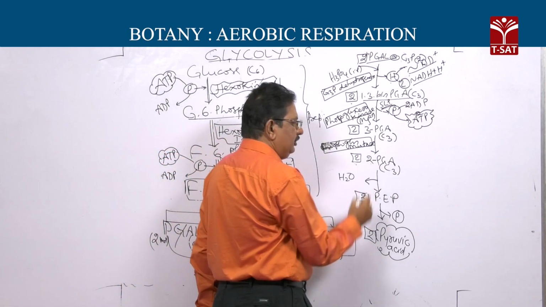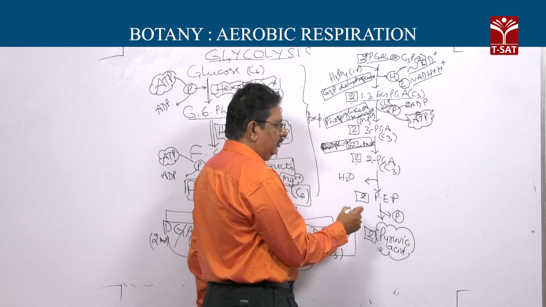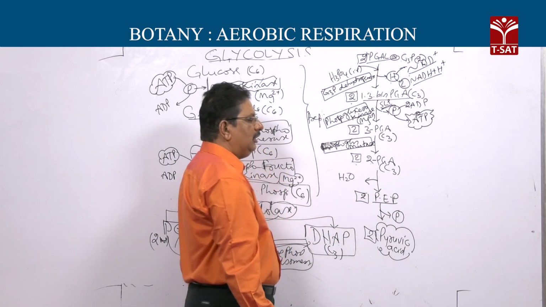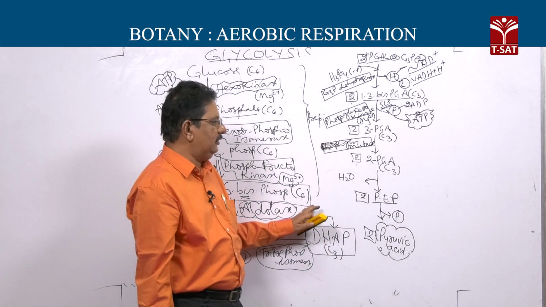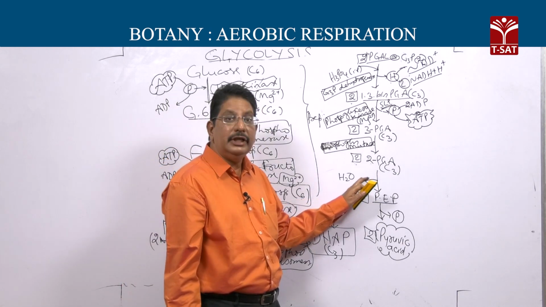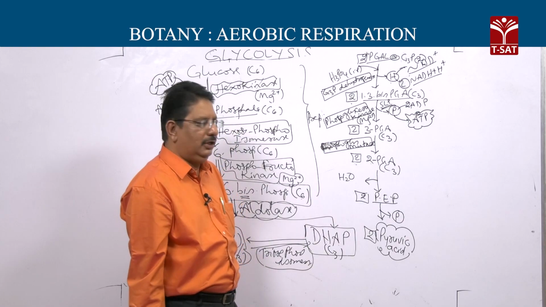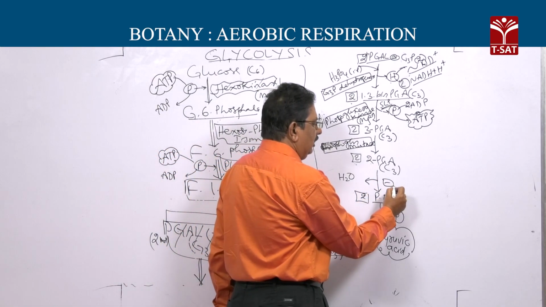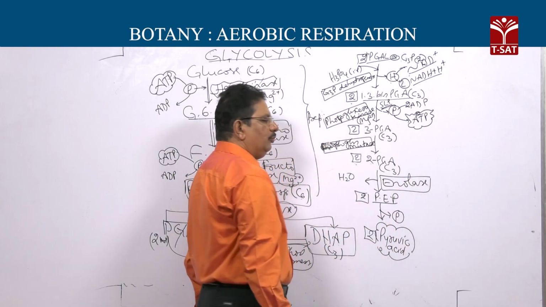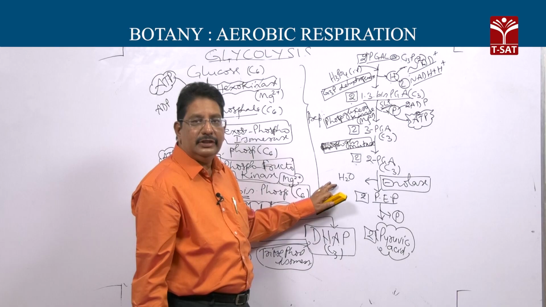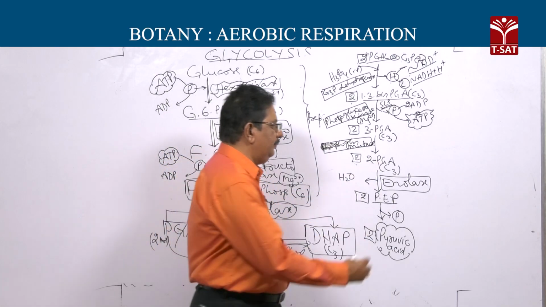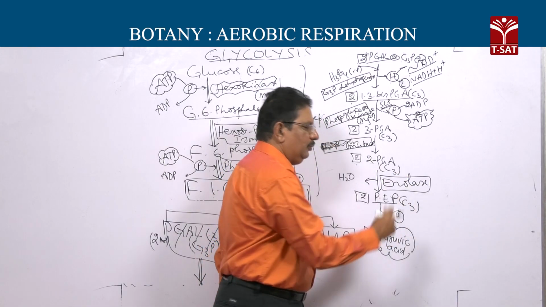And now 2-PGA is going to lose water and convert into phosphoenol pyruvic acid. So, there is a dehydration, not dehydrogenation, in the presence of an enzyme enolase. So, enolase is an enzyme which catalyzes the dehydration reaction, involving conversion of 2-PGA into PEP, which is another C3 compound.